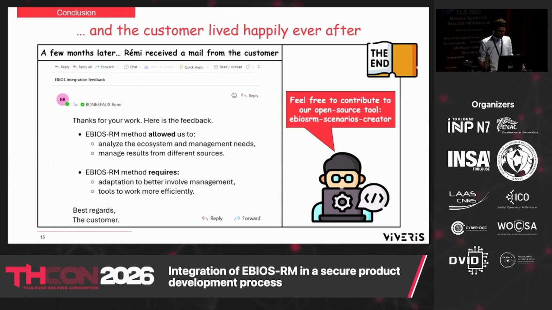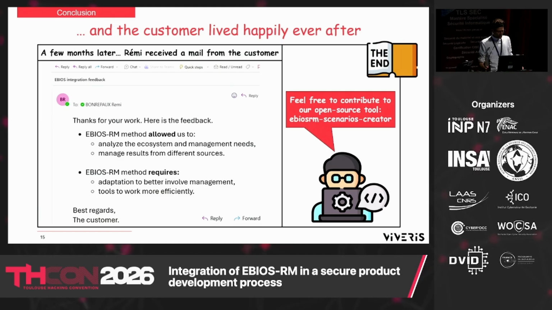So we can conclude and say that EBIOS has a method to analyze the ecosystem and the management needs, and also to manage results from different sources. That means how to assess and prioritize them.